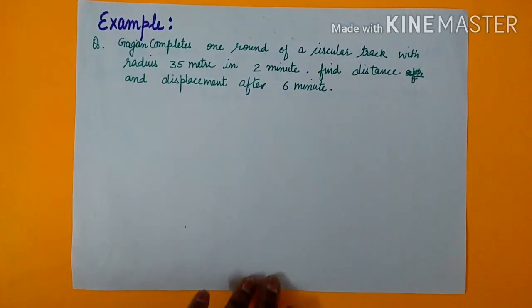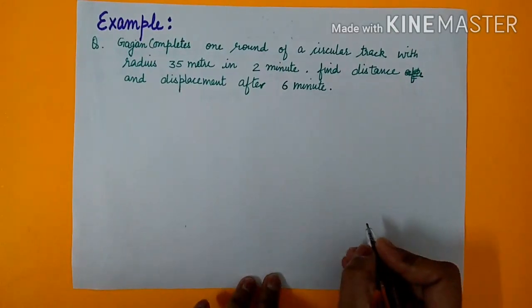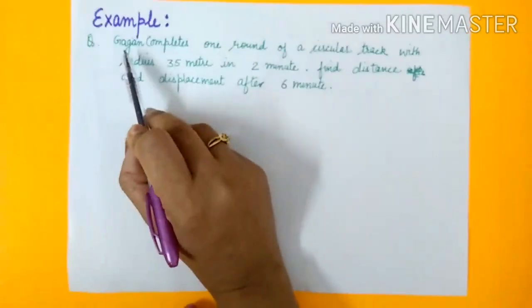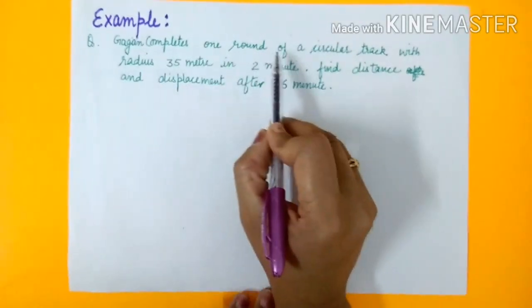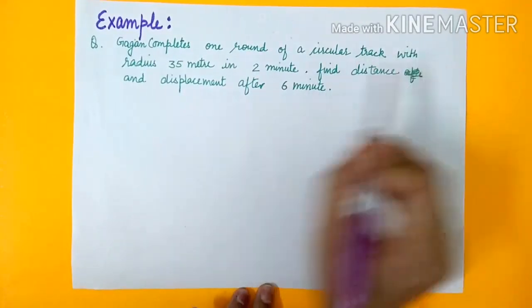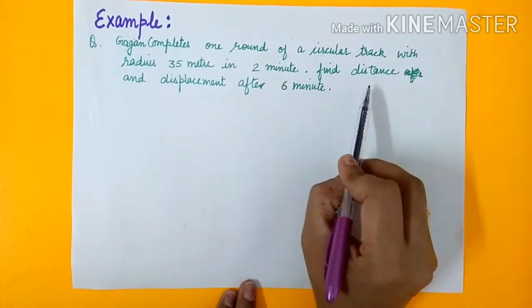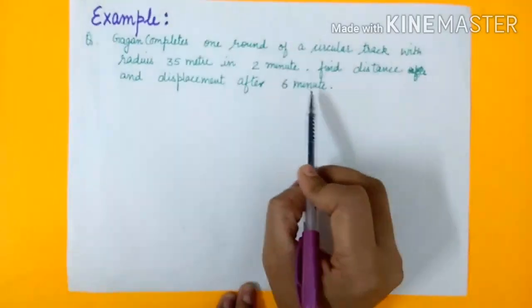Now let's learn how to calculate the distance and displacement by taking this example. Gagan completes one round of a circular track with radius 35 meter in 2 minutes. Find distance and displacement after 6 minutes.